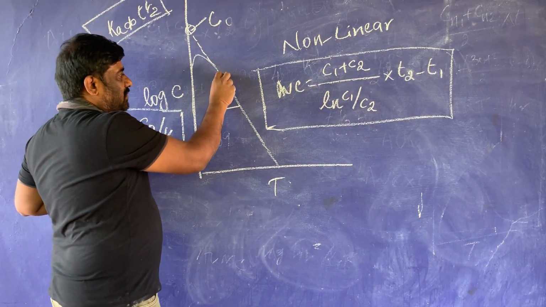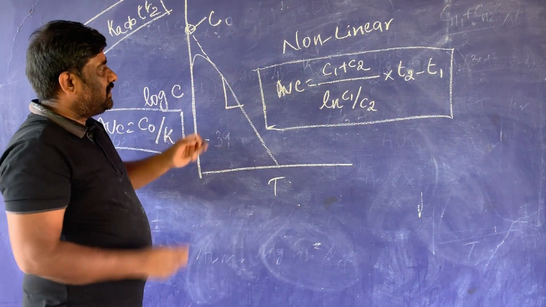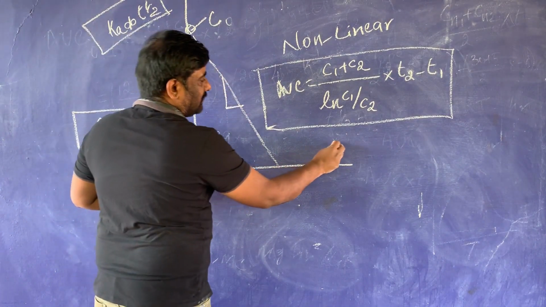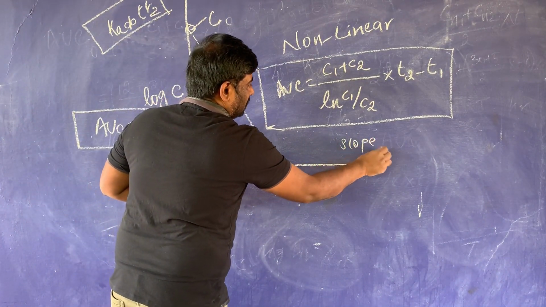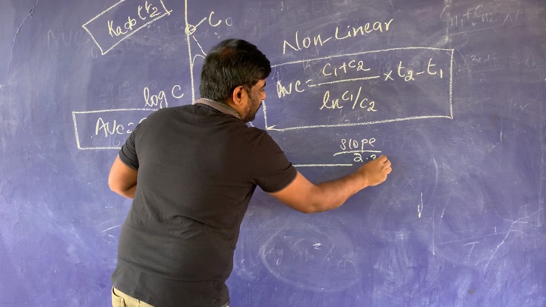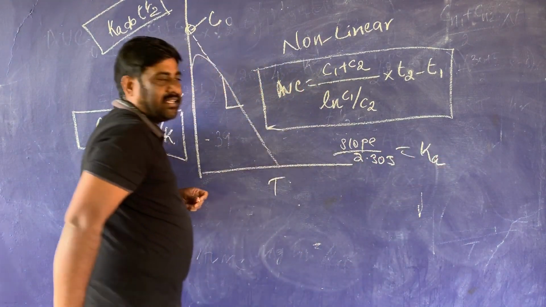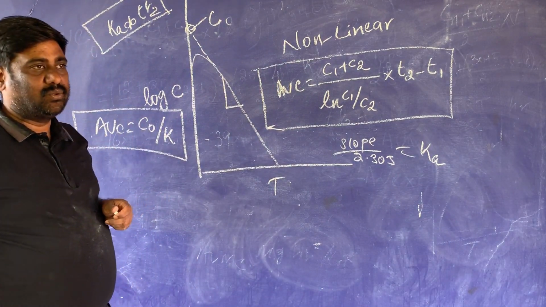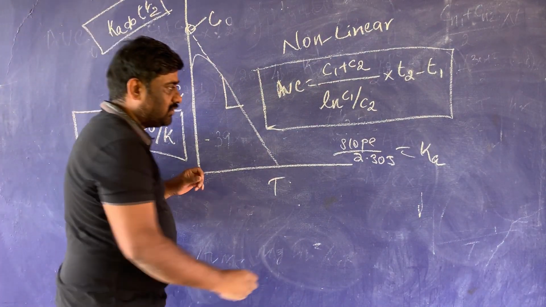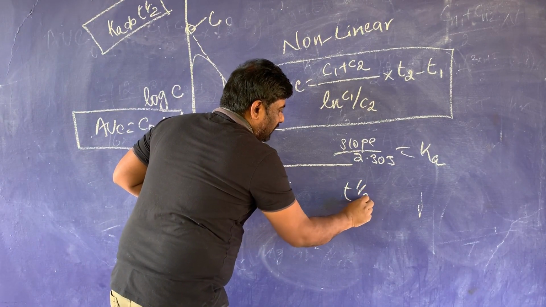The slope is measured, and the slope divided by 2.303 gives us Ka, the absorption rate constant, K value. Once we get the K value, T half can be calculated.